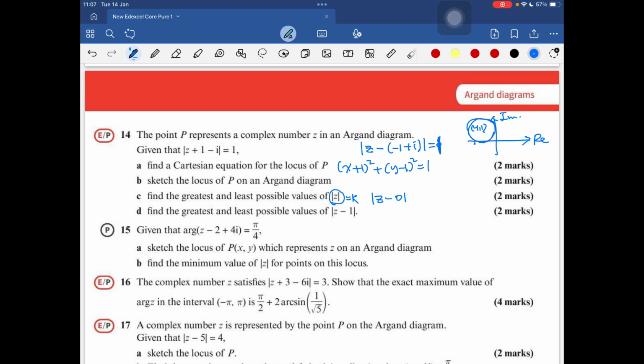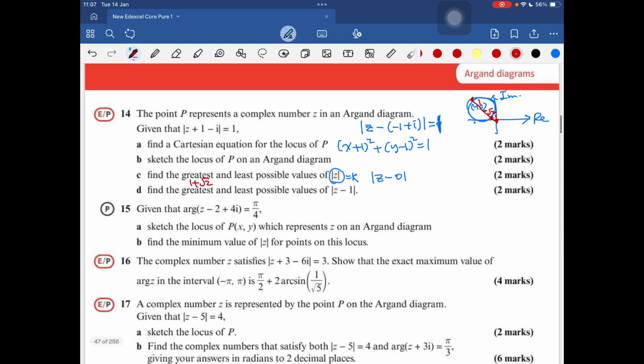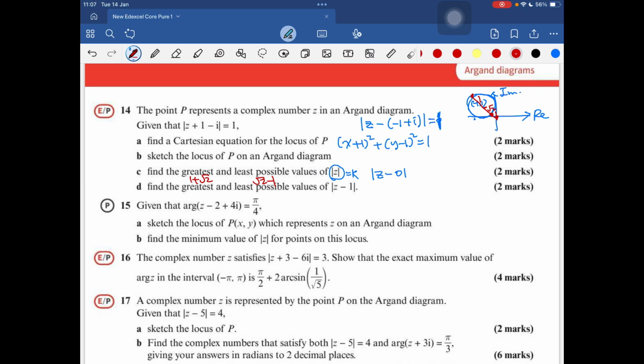So for all those possible points on this circle, the distance from the origin has a largest value and a smallest value. This is the largest value, like the farthest. So here square root 2 and the radius is 1. So greatest is 1 plus square root 2, and least is here, square root 2 minus 1.